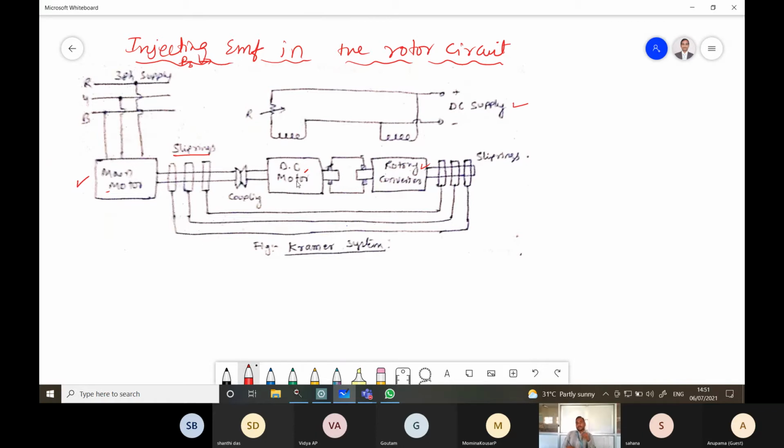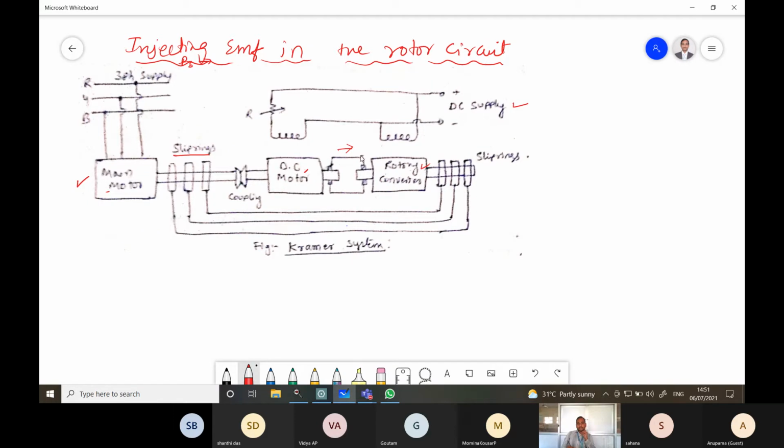Whatever the DC motor output is, it is connected to the rotary converter. We can vary the field rheostat of the DC motor. Whatever EMF is induced across the commutator of the DC motor is given to the rotary converter.